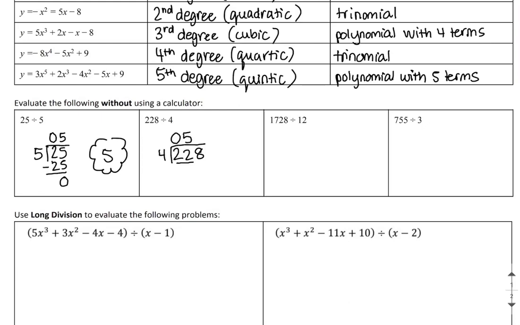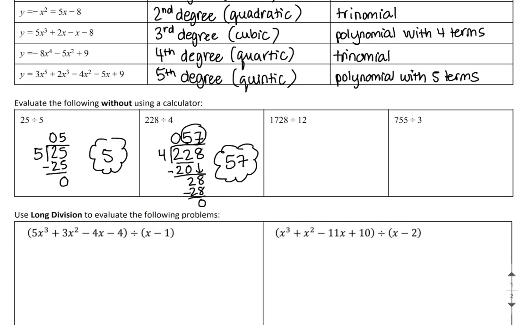Then I multiply 4 times 5 to get 20, and I subtract that from 22 to see that I have a remainder of 2. I bring down the 8, and then I ask myself, how many times does 4 fit into 28? Well, 4 fits into 28 7 times. And then I know 4 times 7 gives me 28. So I have a remainder of 0 once I do that. And then the answer is 57.